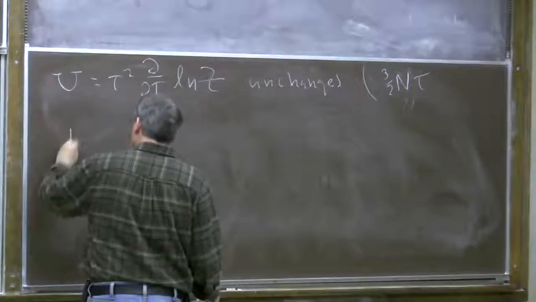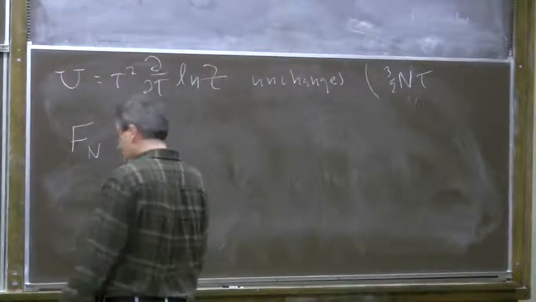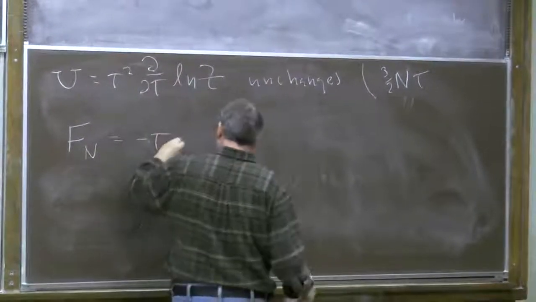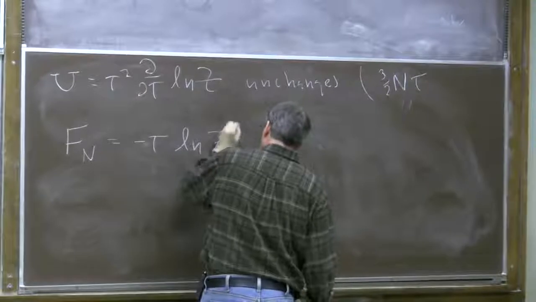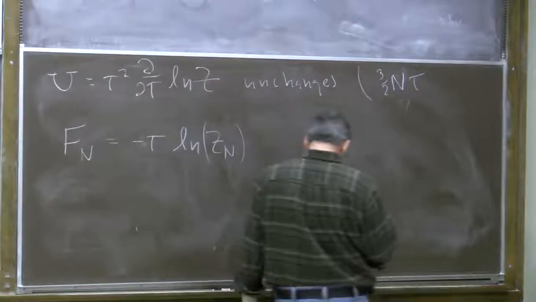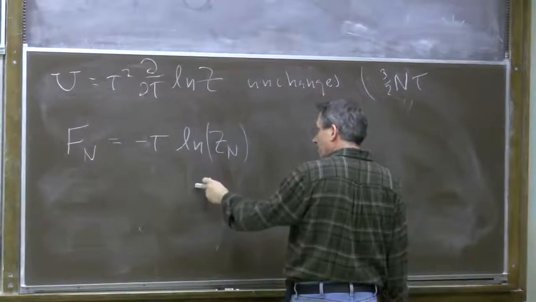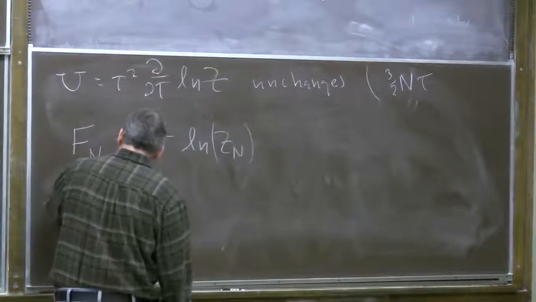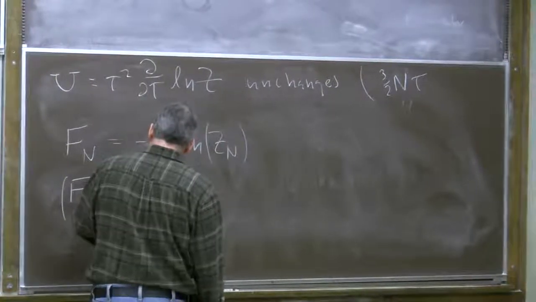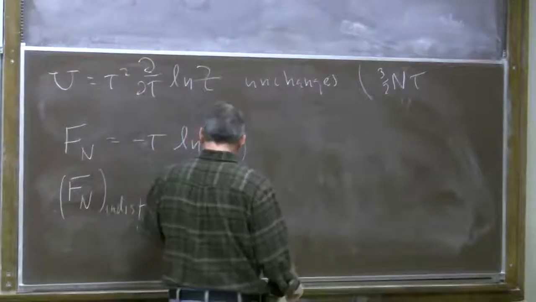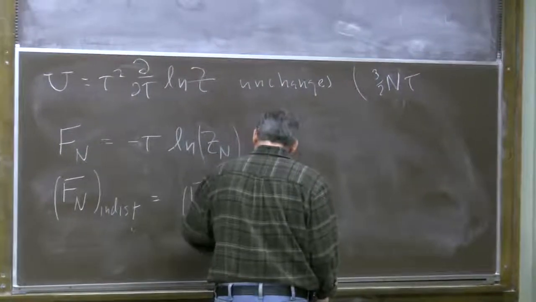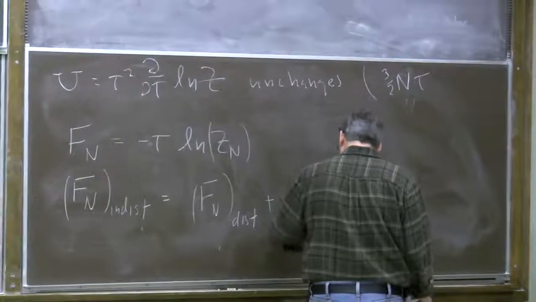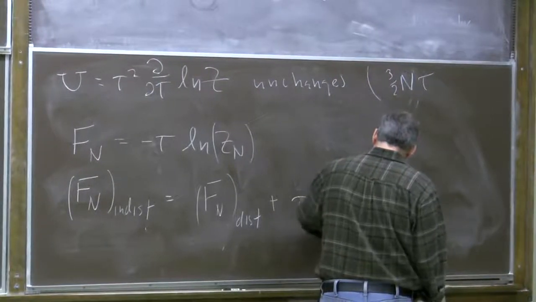So when we take the free energy, which is minus tau times the log of Zn, that means when I write Fn for indistinguishable particles, it'll be the Fn we computed before for distinguishable particles. And then there will be a plus, because of this minus sign, it becomes a plus, tau log of n factorial.